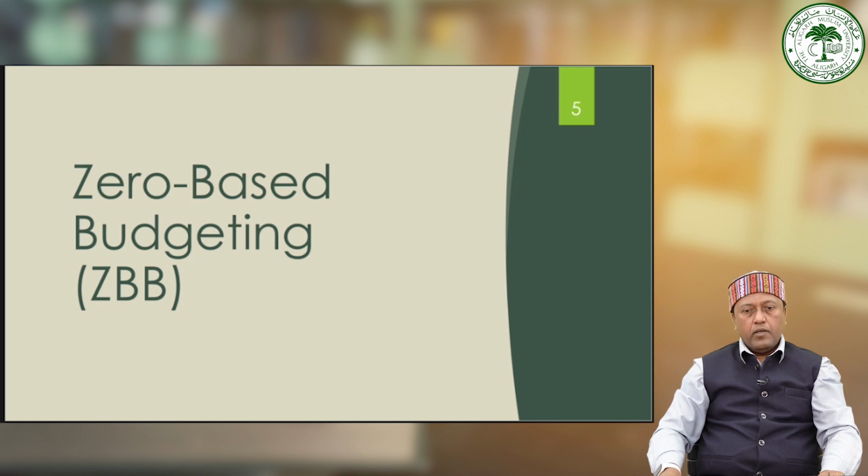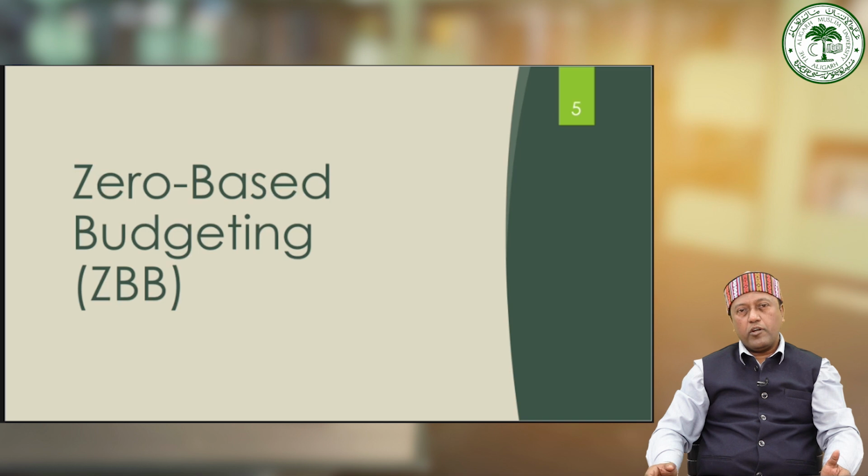However, ZBB requires significant time and effort to implement, and it may face resistance from stakeholders accustomed to the traditional budgeting method, because for those practicing the traditional system, it is going to be a new exercise every year. So probably they will resist.